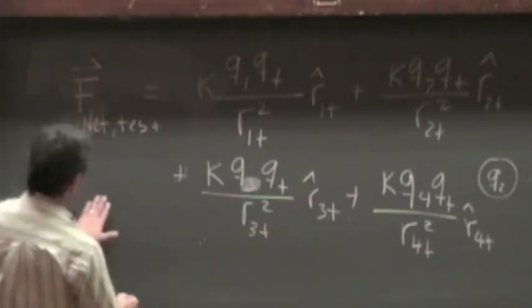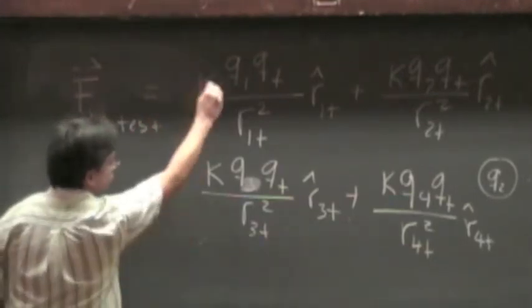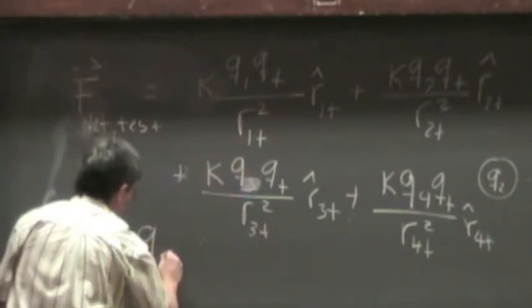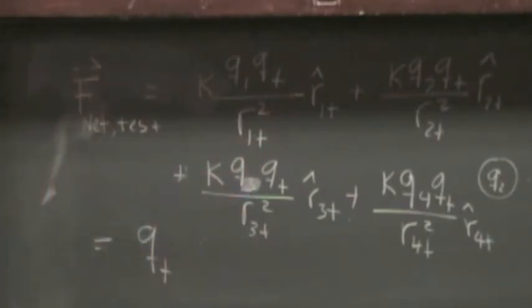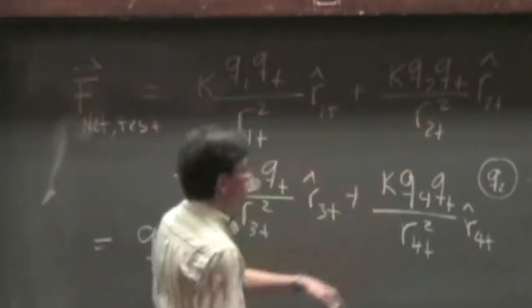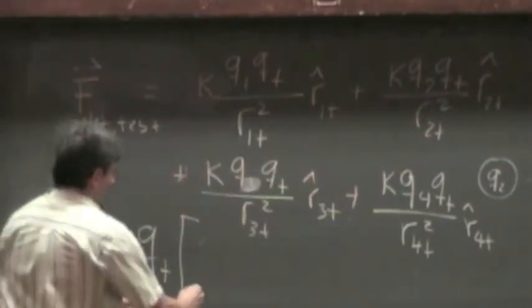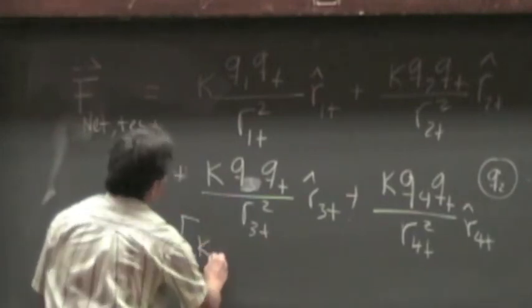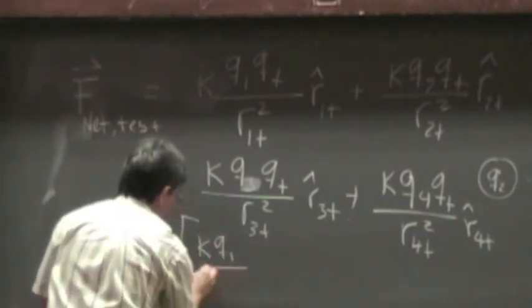The answer is no. You can factor the charge of the test particle out of this calculation, because it shows up in every single term here. And everything else, you give it a name. Everything else, we're going to call it the electric field.